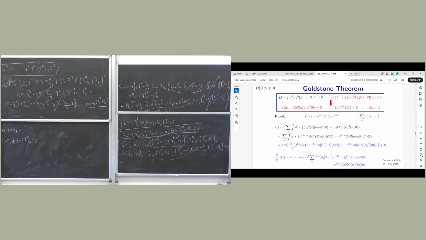And then this commutator is going to be some constants, because I charge. So I should be able to write this commutator in terms of the fields of my theory. Okay, this is what I have done, right?